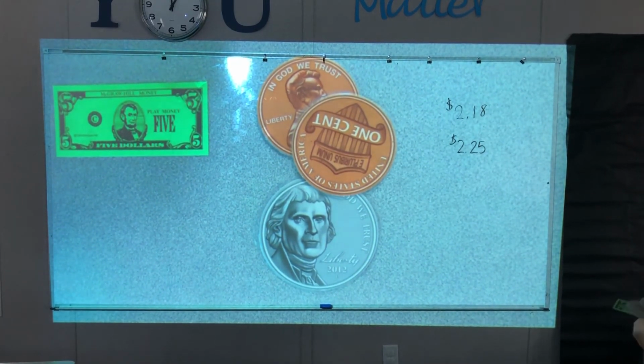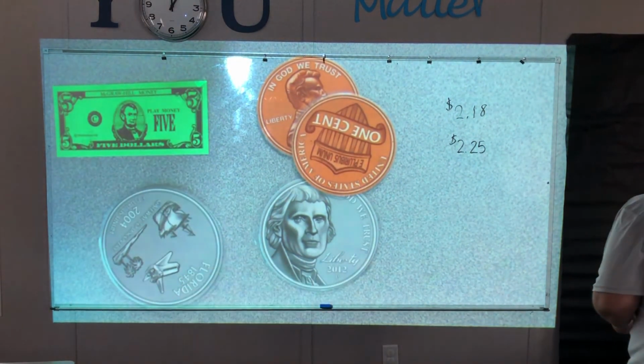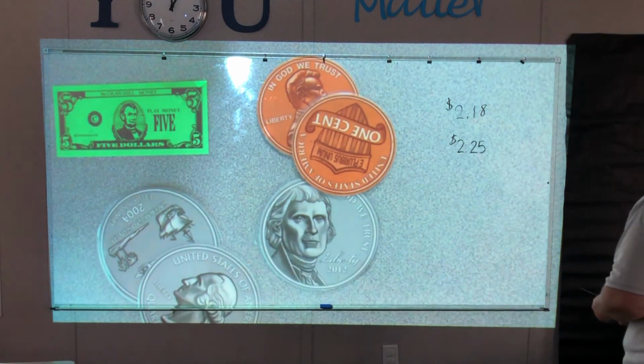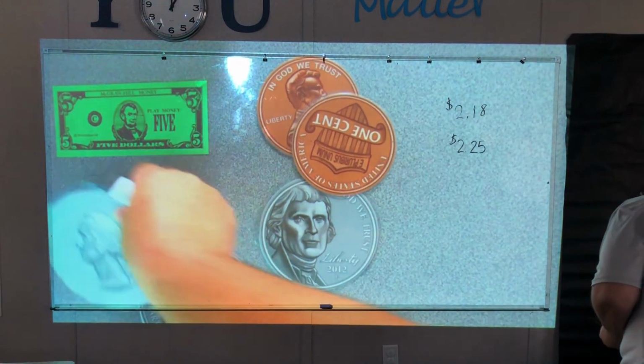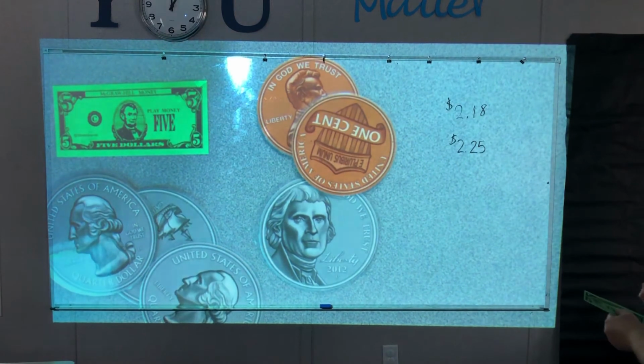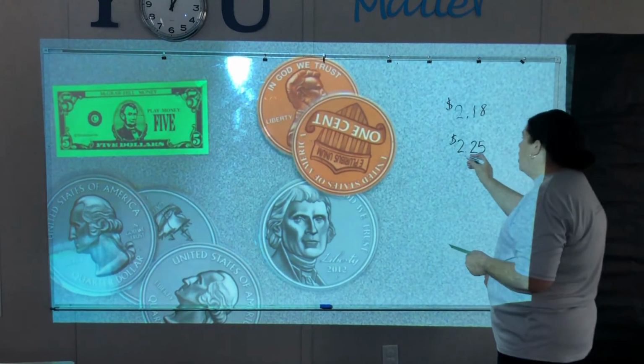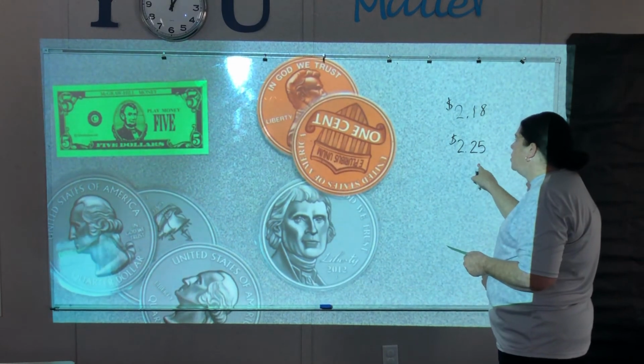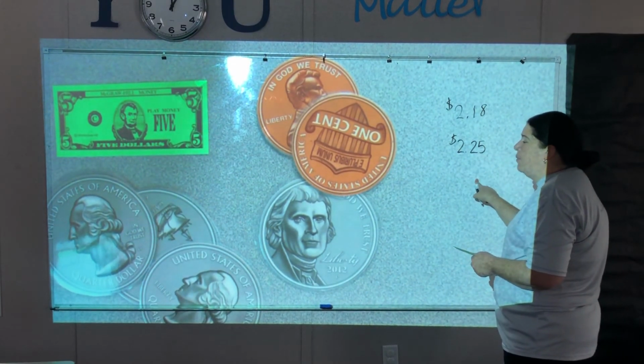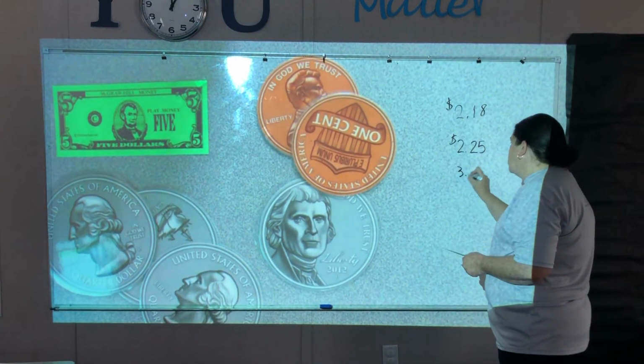We can count by 25s to go to the next dollar amount. 25, 50, 75, $1. So I used 3 quarters, and then we got to $3.